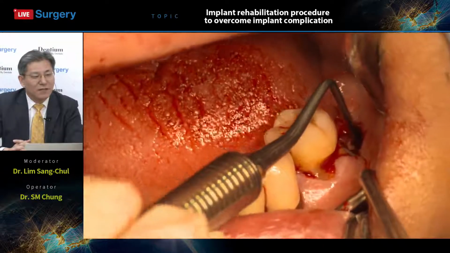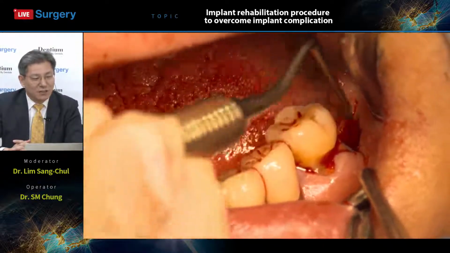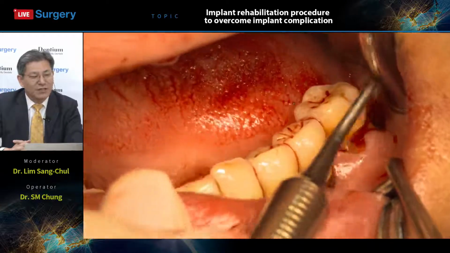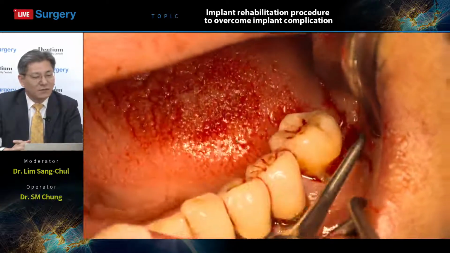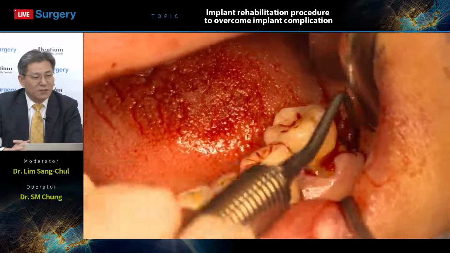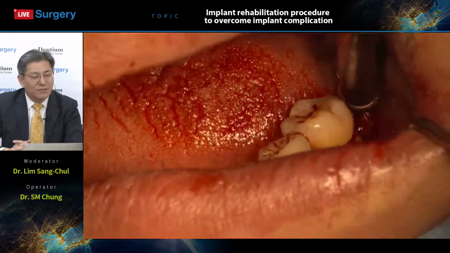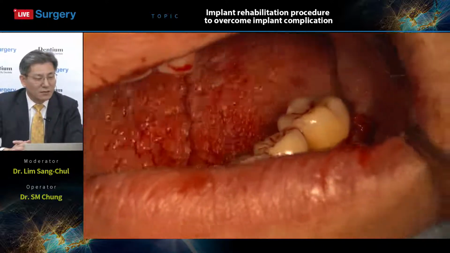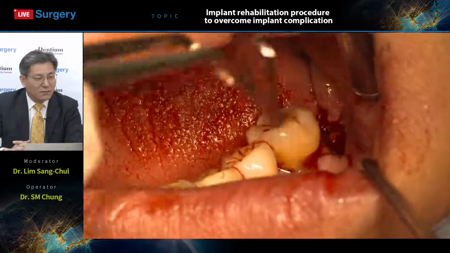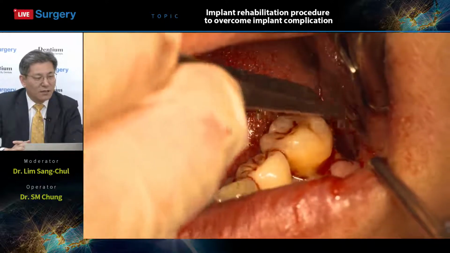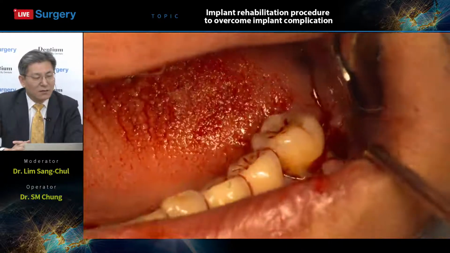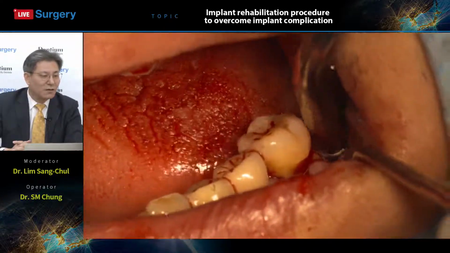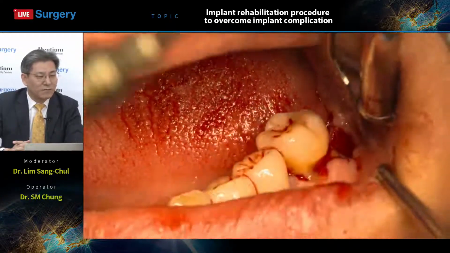Fortunately, this failed implant was Astra. So Astra type internal connection, 11 degrees, is comparable with the Dentium supine system. So the supine healing abutment will connect, and then the elevating for full displacement of the implant fixture, right?